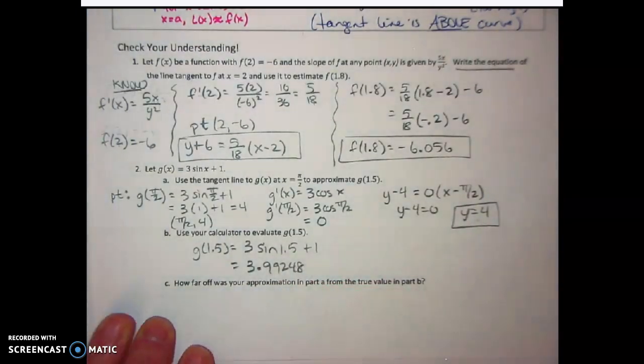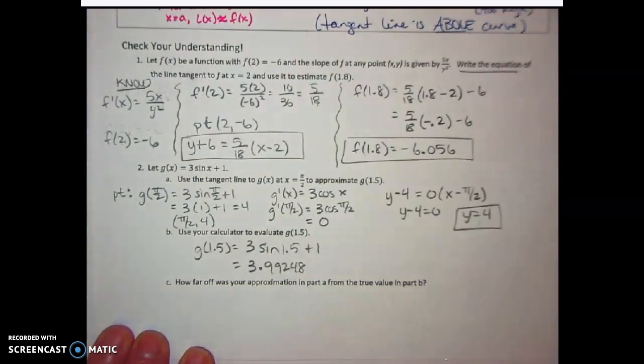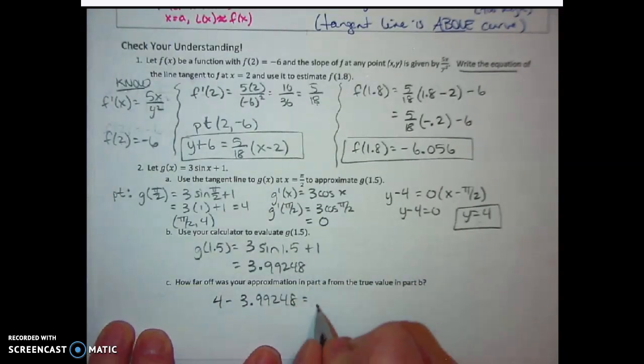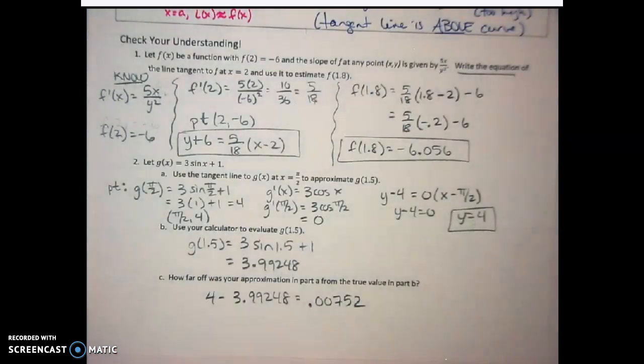So how far off was our approximation from the true value in part A? So 4 minus 3.99248. Pop that into your handy-dandy calculator. Our estimate was pretty darn close, 0.00752. So less than 8 1/1000ths off. Our tangent line approximation gave us a pretty darn close estimate.